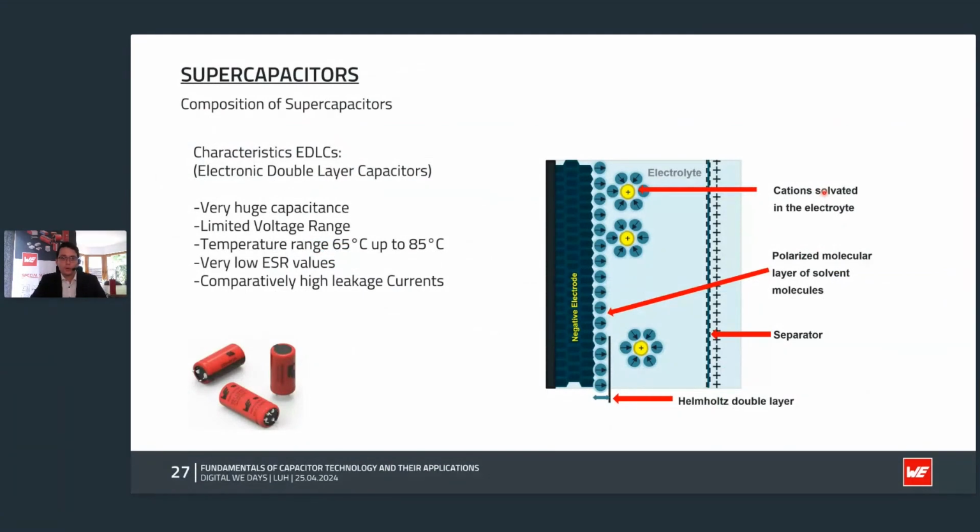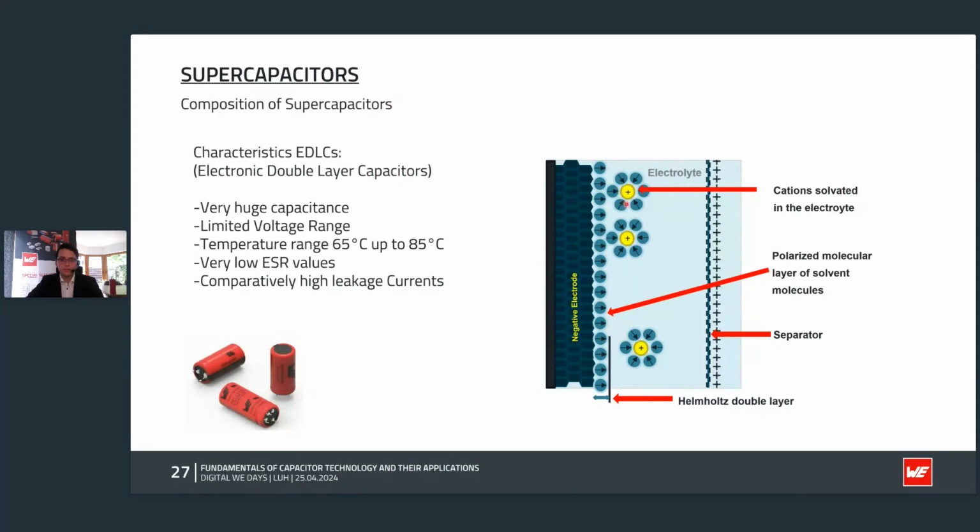So let's talk a little bit more about supercapacitors as the last technology. I just want to show why the capacitance is so high for these parts, and that's why on the right hand side I showed the inner structure. You can see this type is also based on electrolyte. On the left hand side you have the electrode, based on activated carbon, and on the right hand side you have the electrolyte with the positively charged cations.